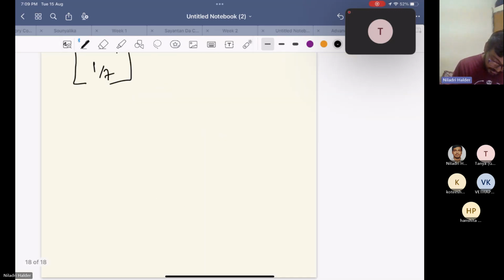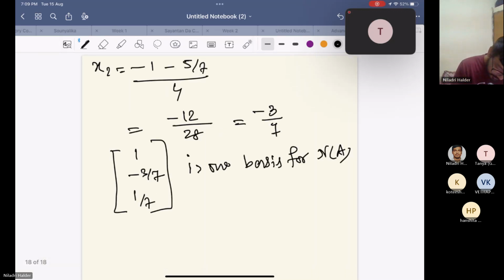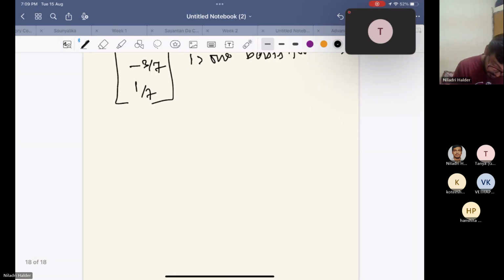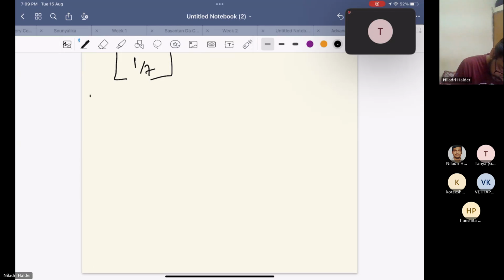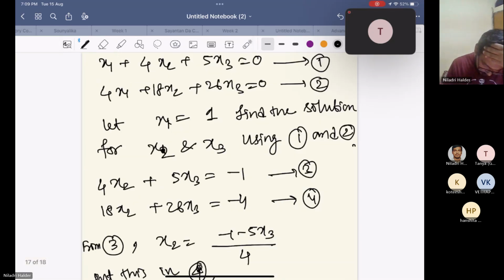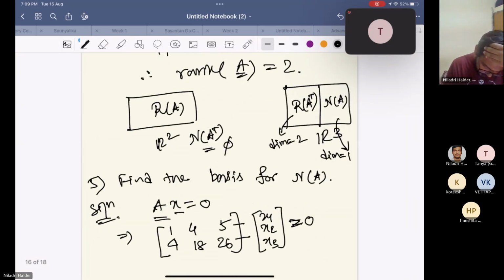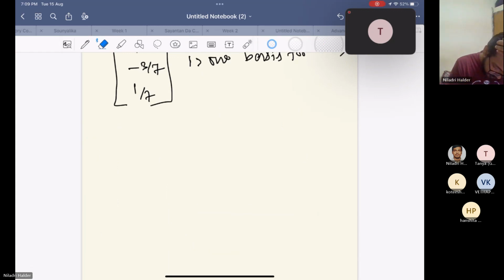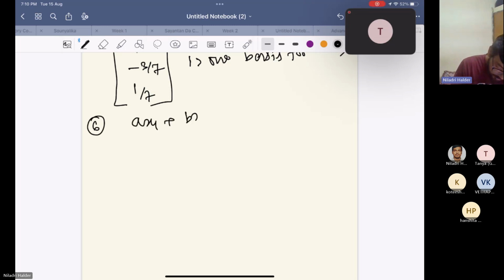Okay, so then the next question is question number 6. The question is that a x1 plus b x2 is less than or equal to c.